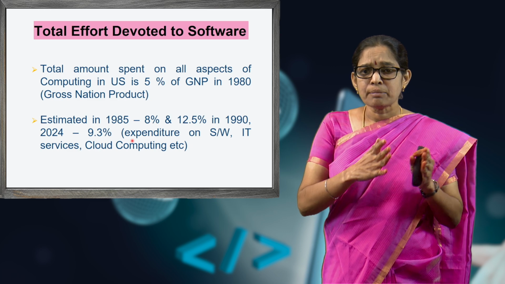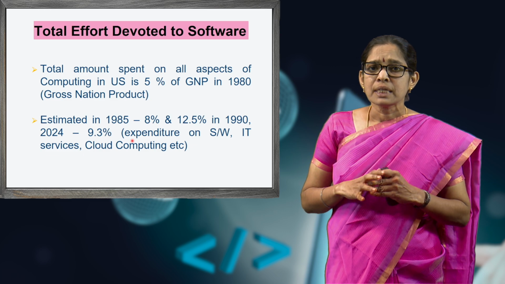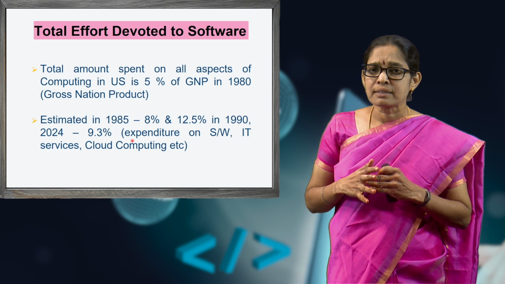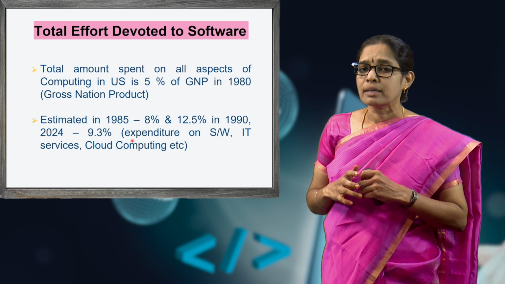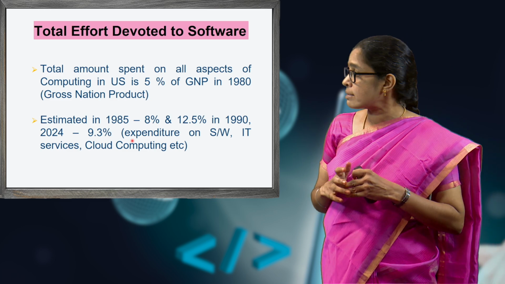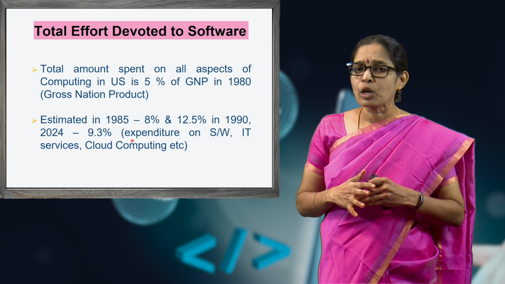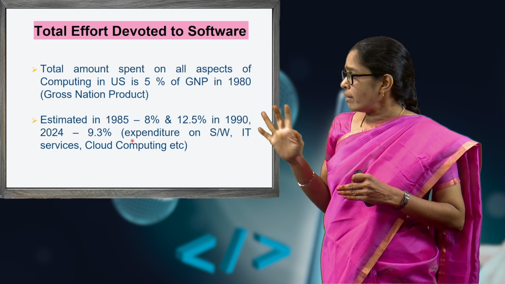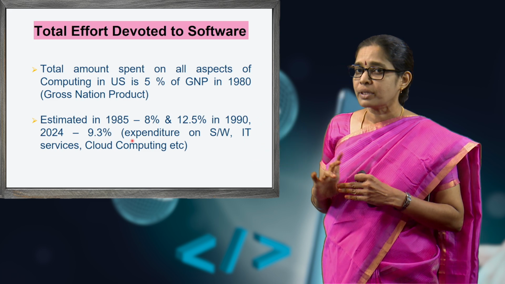Later it was estimated at 8% in 1985, 12.5% in 1990. Now in 2024, it is 9.3%. The expenditure includes software, IT services, cloud computing, etc.